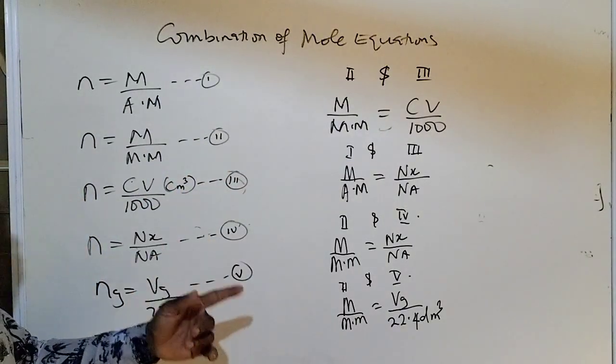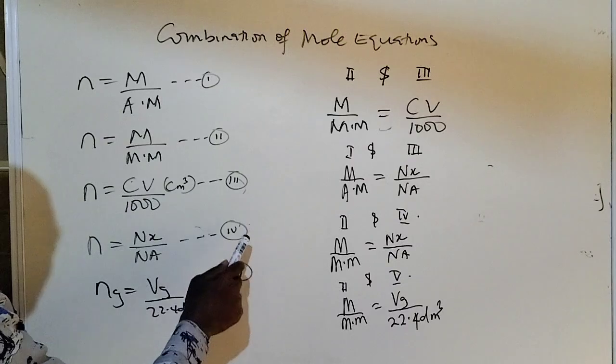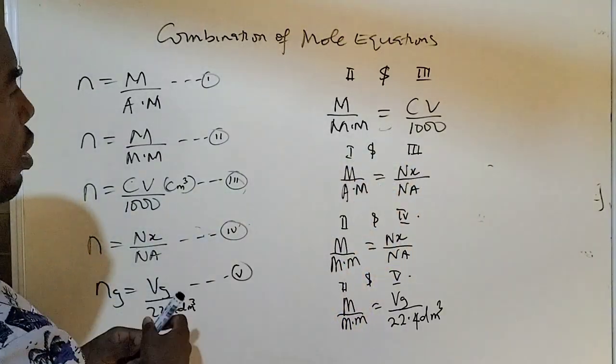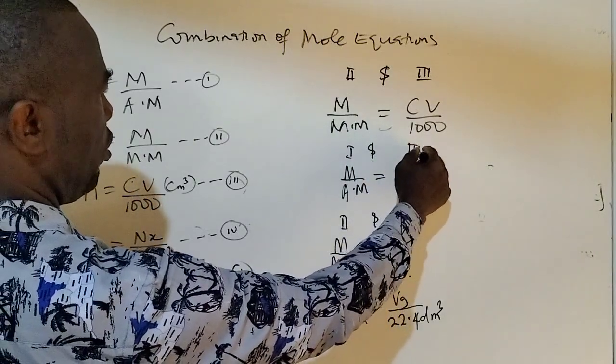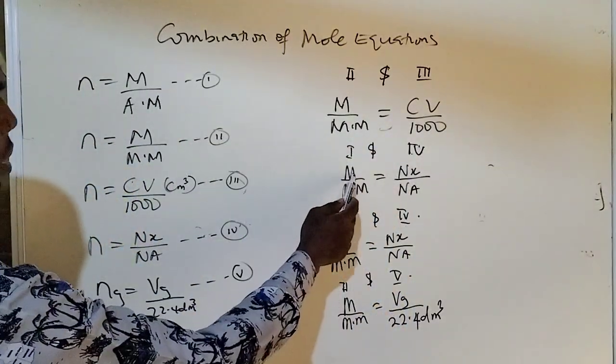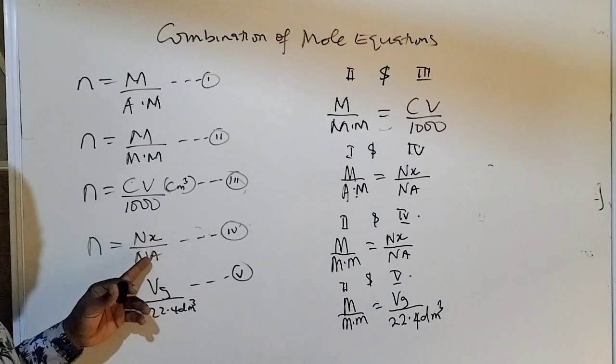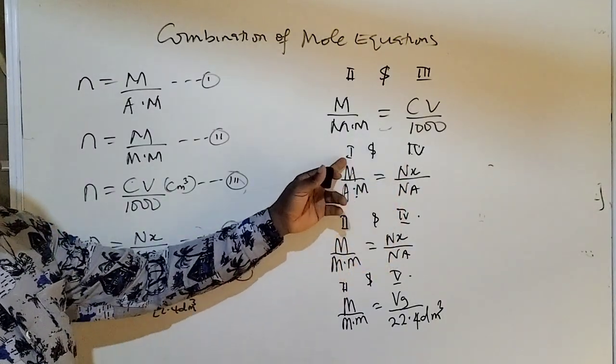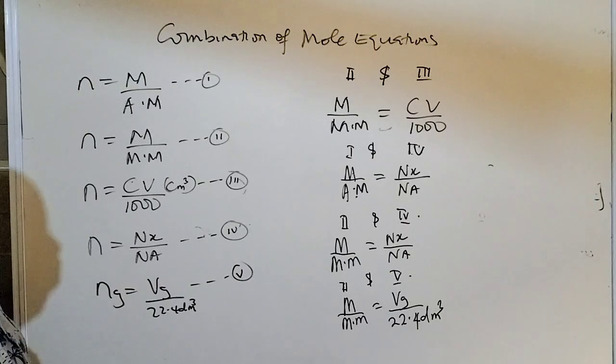Then if I combine 1 and 3, sorry, it should be 1 and 4: 1 is mass over atomic mass, and 4 is number of particles over Avogadro's constant. I have this equation to look for any missing item where the other ones are given.